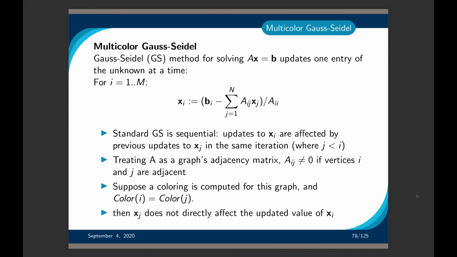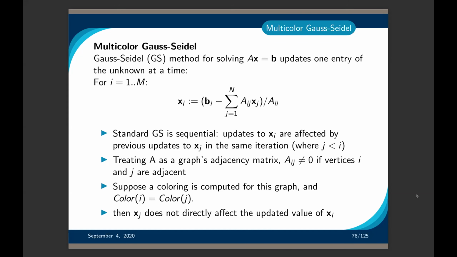But if you look at the formula, the coefficient on x_j is a_ij. And this is usually 0. It's 0 for most entries if A is sparse, which means that if a_ij is 0, then x_j does not actually affect the updated value of x_i.